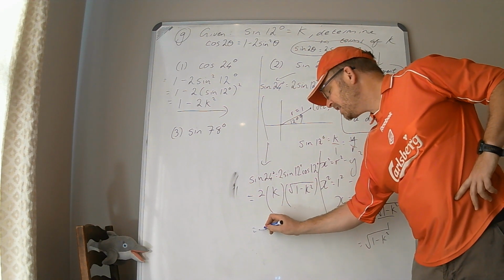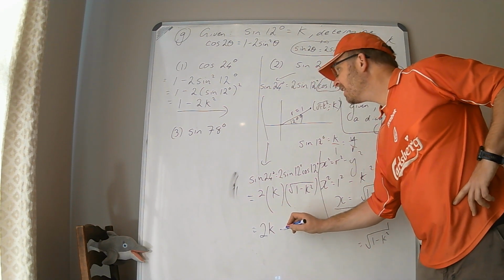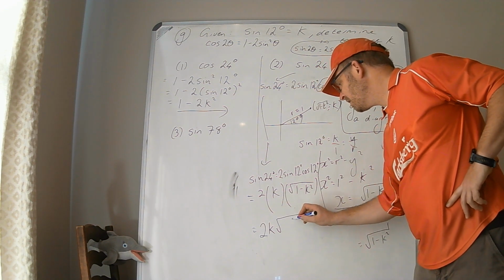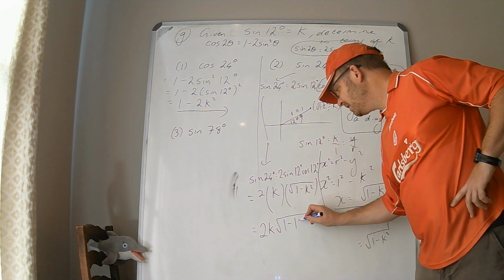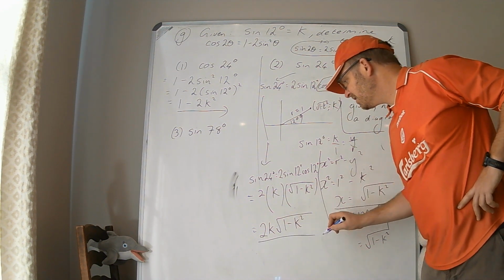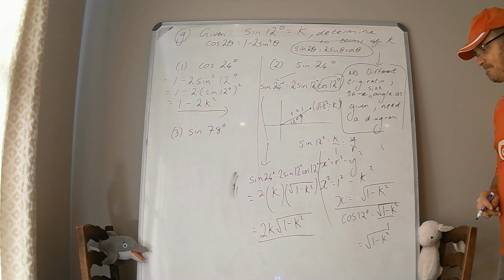Just to make it a bit prettier, it's going to be 2k times the root of 1 minus k squared. Okay. Right, let me just check I got that right. Yep, that's it.